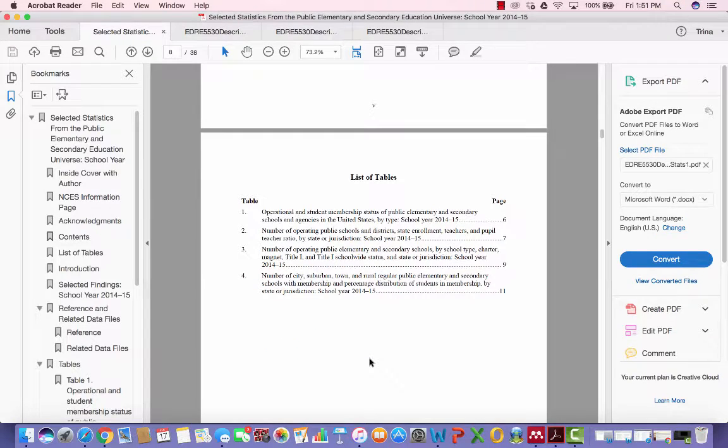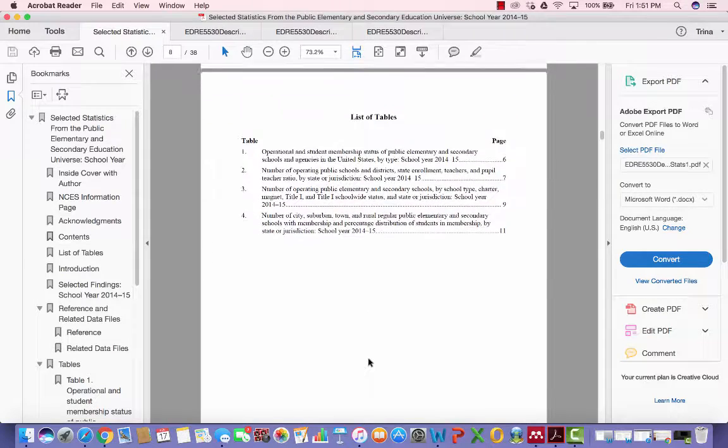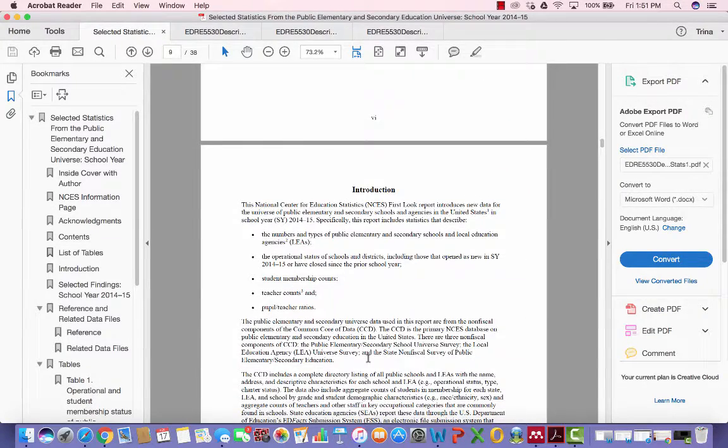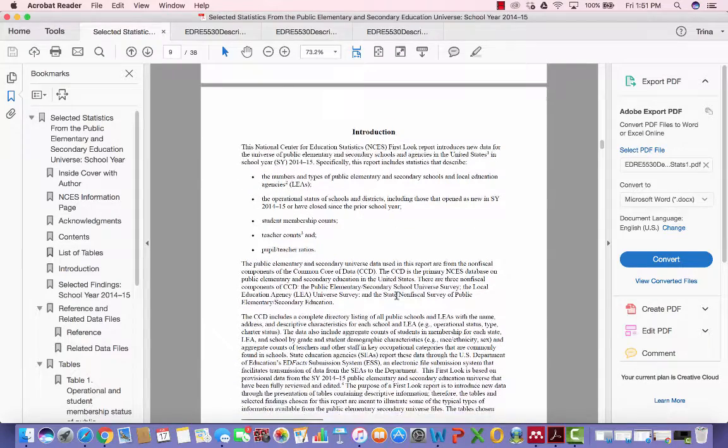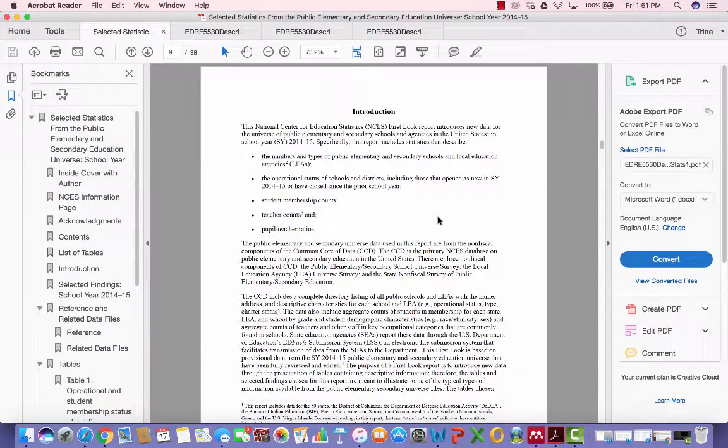In the tables section, the authors basically write what these reports include for statistics that they describe, and that is listed here as well in the introduction in written form. It's the numbers and types of public elementary and secondary schools and local education agencies, their operational status, the membership counts of students, teachers, and the student-teacher ratios.